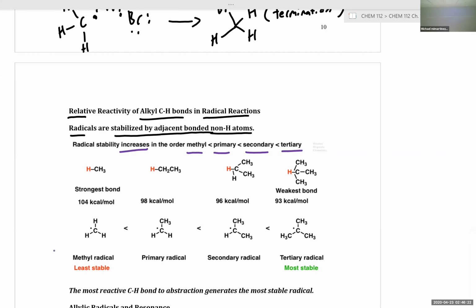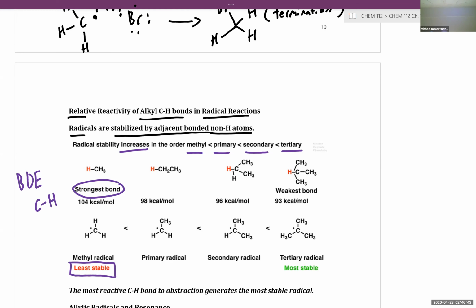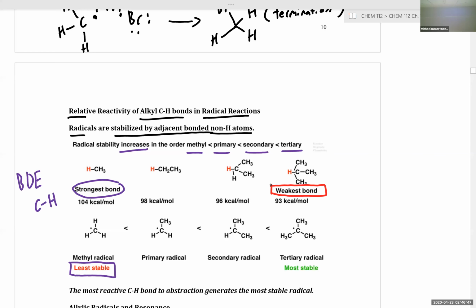If we look at the bond dissociation energy, or the BDE value, our strongest carbon-hydrogen bond occurs when we have the least stable radical. The weakest carbon-hydrogen bond occurs when we have the most stable radical.